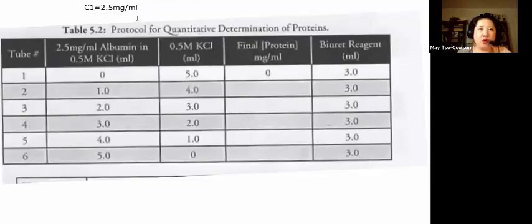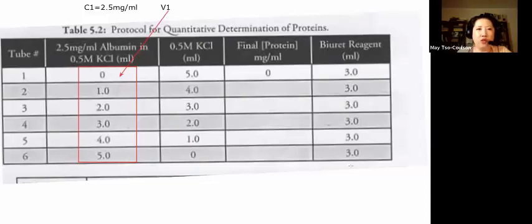We also know that the volume of albumin that we are adding to each respective tube is given in this column, so we know that V1 is given in this table.